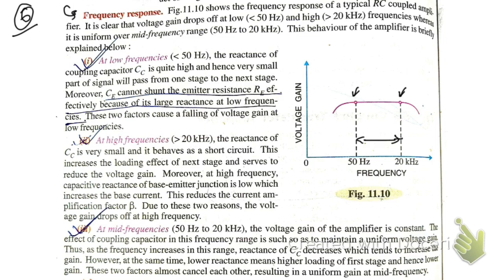Okay, so here is the bandwidth, you can write. Just wait, let me write it. This is bandwidth. So take the screenshot. Now let's move on to question number 7.